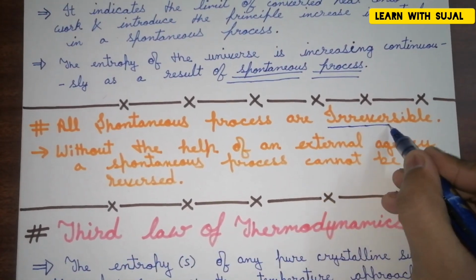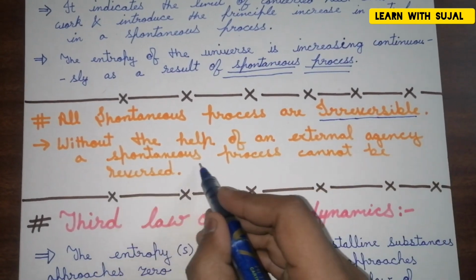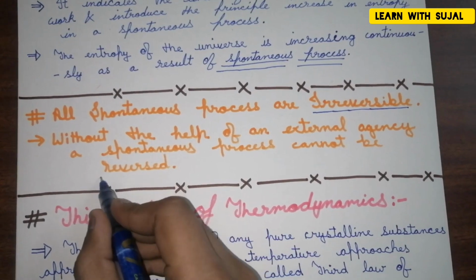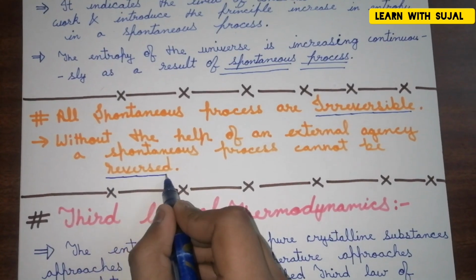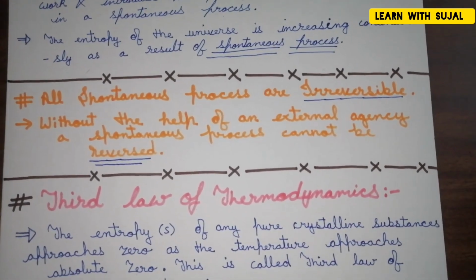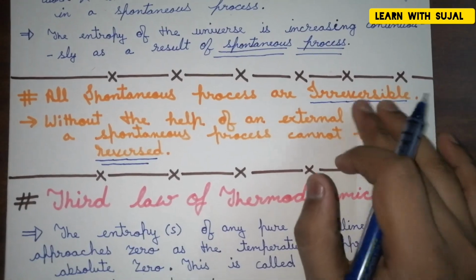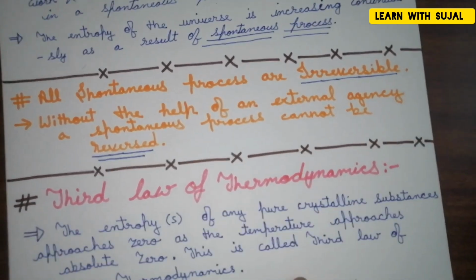We cannot do it twice or thrice. Without the help of an external agency, a spontaneous process cannot be reversed. Without any external energy or work, we cannot do any spontaneous process twice or thrice.